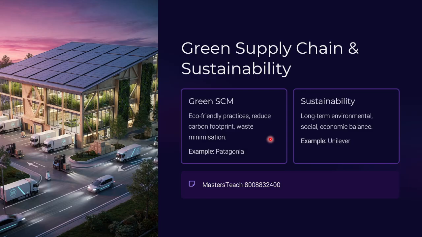In transport also, instead of using petrol bikes or diesel vehicles, they use e-technology, example Patagonia. Then sustainability is a long-term environmental saving thing. It balances the social and economic balance, for example Unilever. This company gives more importance to sustainability. So green supply chain and sustainability, I hope you understand this.